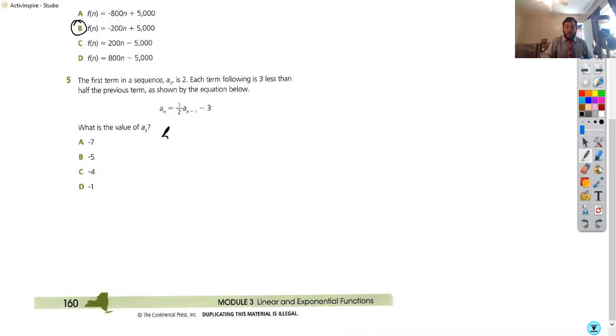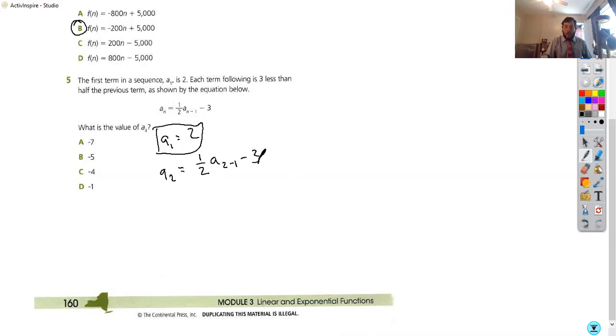So we start with A1 is equal to 2. That's a good one. We already know it. Now to find A2, we're using this formula. A2 equals 1/2 of A(2 minus 1), minus 3.